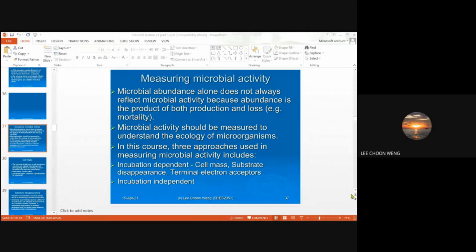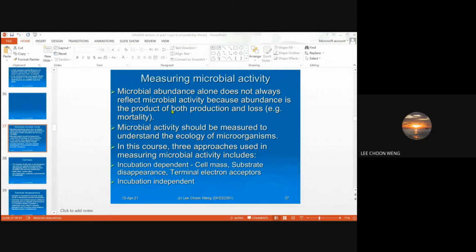As I mentioned, when you measure abundance alone, it doesn't really reflect what's happening, because abundance itself is the sum of both growth and loss.